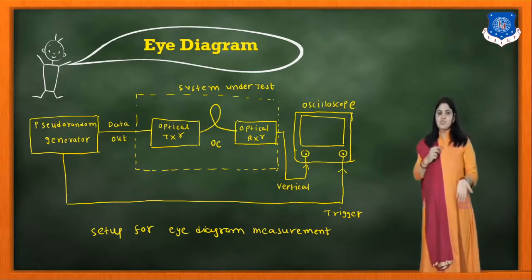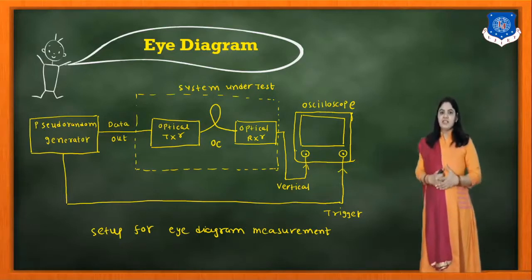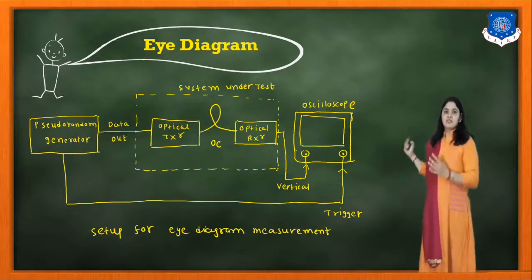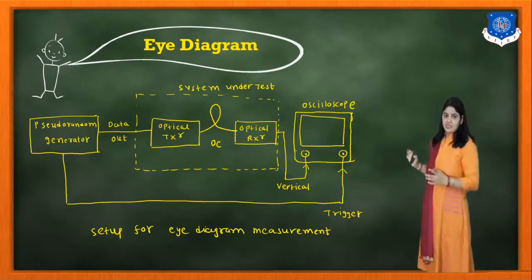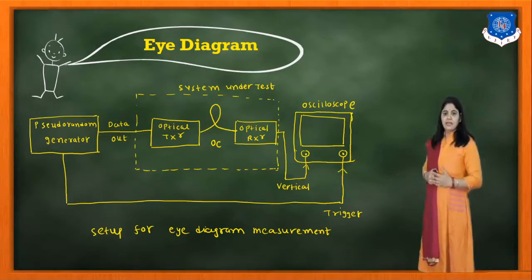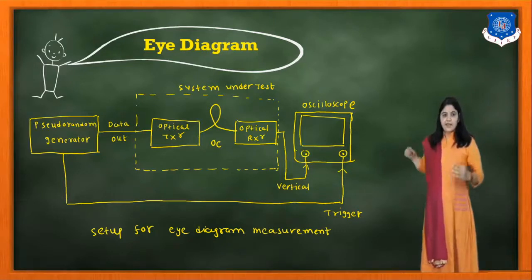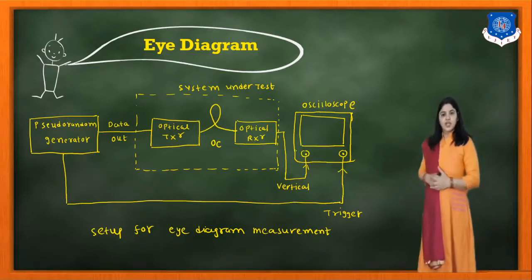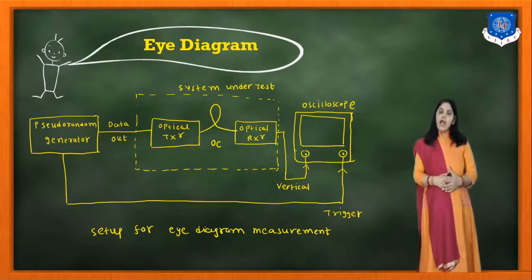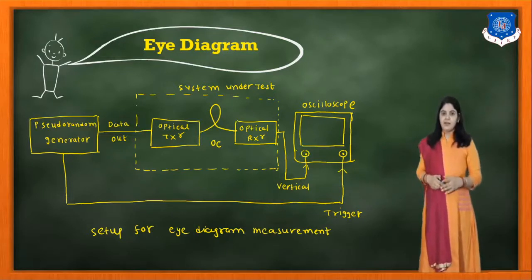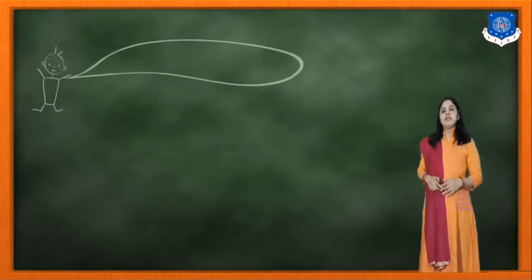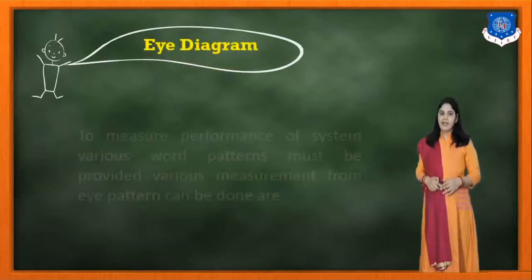Between the optical transmitter and the optical receiver, the fiber optic cable is connected. This is the system under test. The output of the optical receiver is connected to the CRO, and the random generator output is also connected to the CRO, and we can observe the pattern. That pattern is the eye diagram.